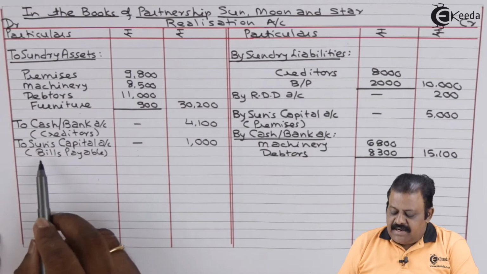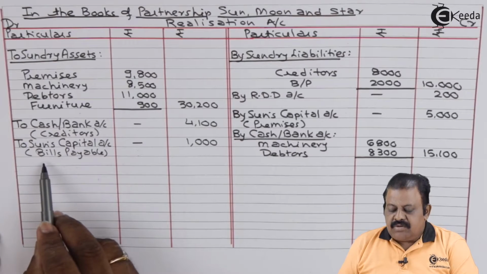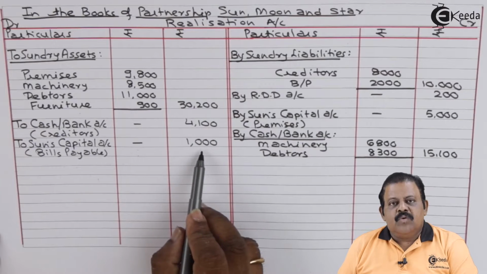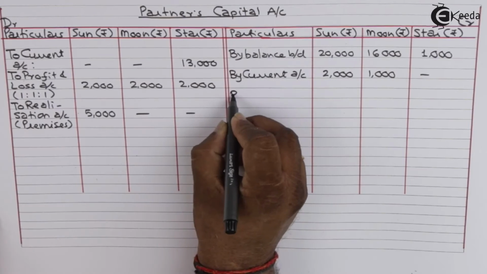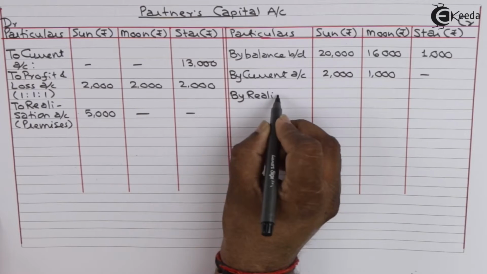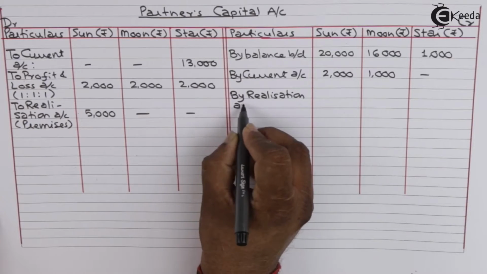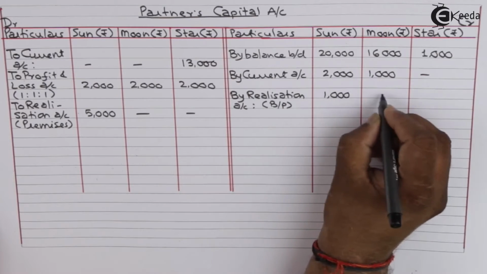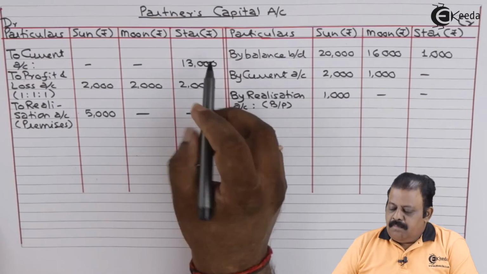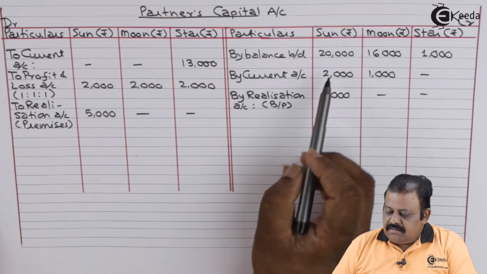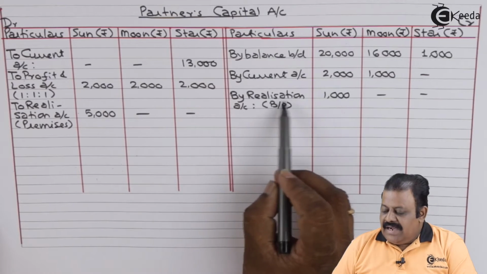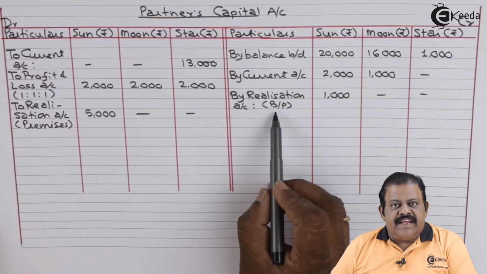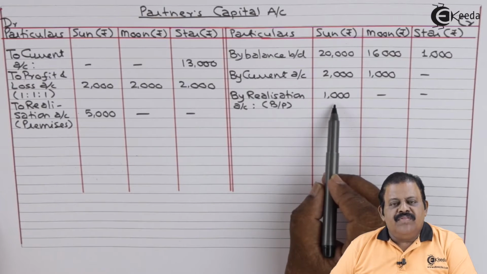Realization account debit side to Sun's capital account for bills payable taken over 1,000. Partner's capital account credit by realization account, Sun, for bills payable taken over 1,000.